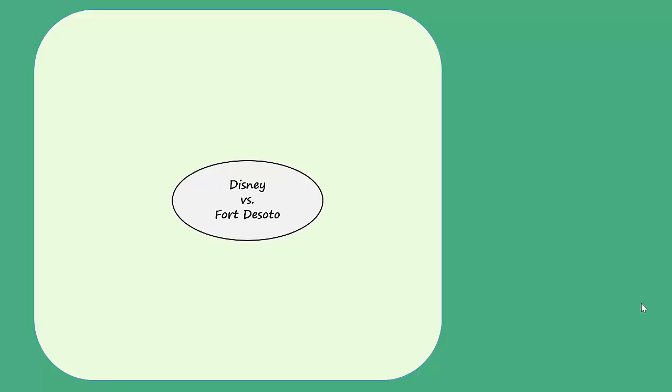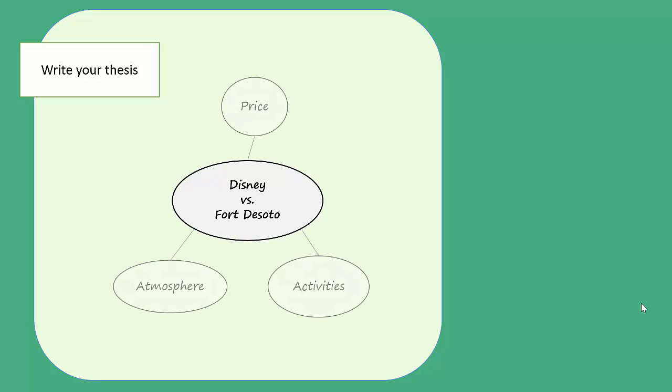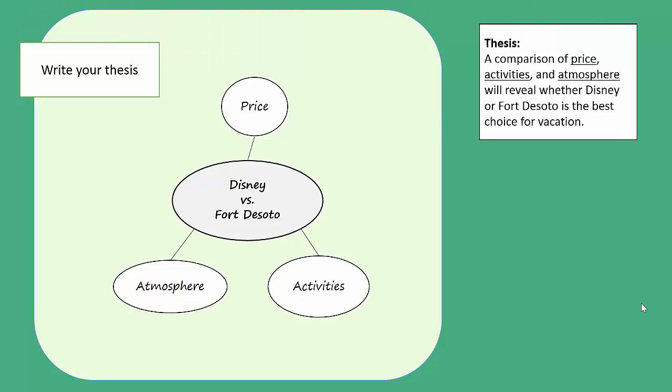Okay, the next step that we have to check is to write the thesis. If we can write a thesis statement that matches the assignment directions for the topic that we've come up with, then that's another checkbox that we can check off. So we have our three main points, and a possible thesis for a comparison essay might be something like, a comparison of price, activities, and atmosphere will reveal whether Disney or Fort DeSoto is the best choice for vacation.